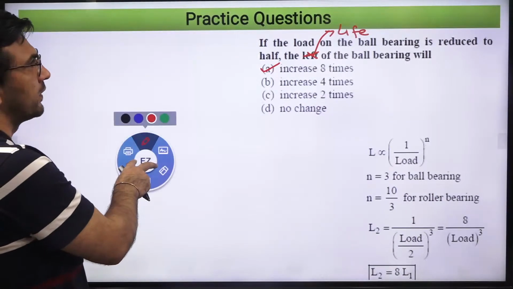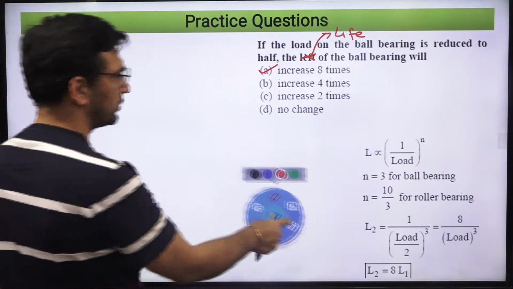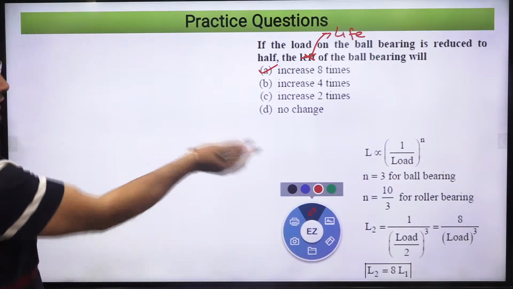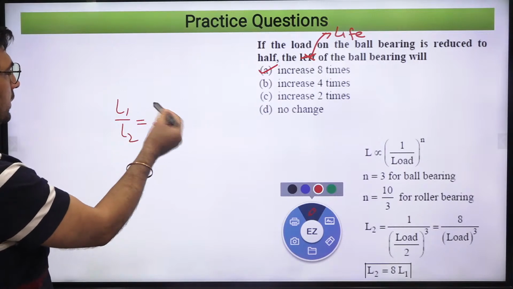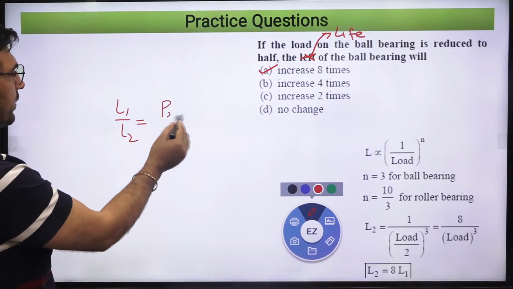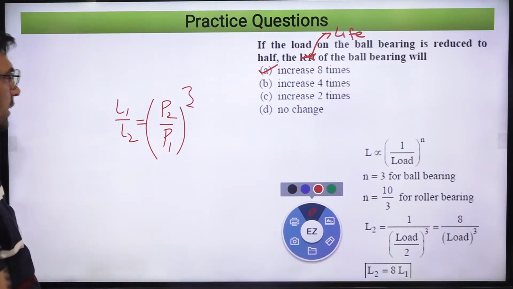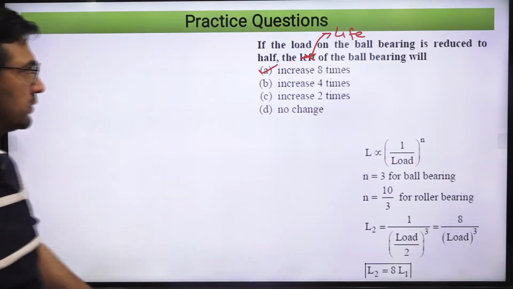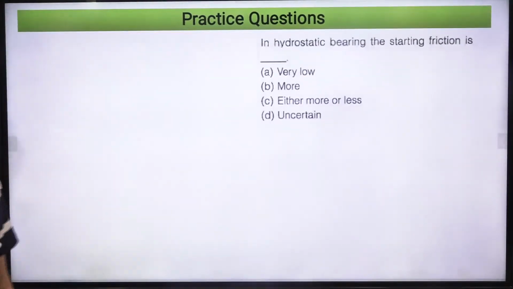You are asking about the difficulty level. The difficulty level is always moderate in the case of PSUs. So either you do it this way, or you can say L1 by L2 is equal to P2 by P1, and if it is a ball bearing, then the power is 3. That's all, so accordingly you can get it done. A similar question we have already done, so I'm not going to solve it. Just go through this question.